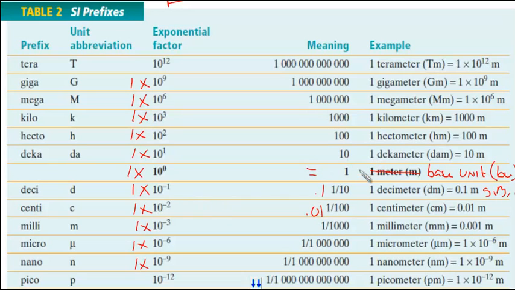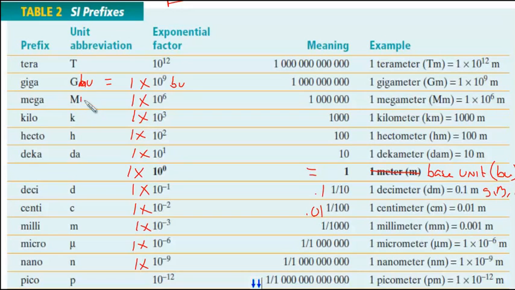Now, what this chart means is that when we take a prefix, that is all you have to focus on. We rarely get up there, but let's say giga. If we talk about gigameters, or giga base units, that equals 1 times 10 to the 9 base units.